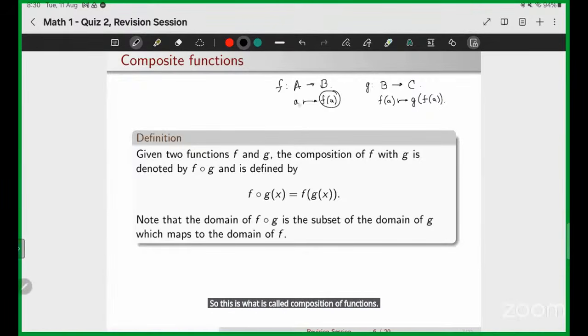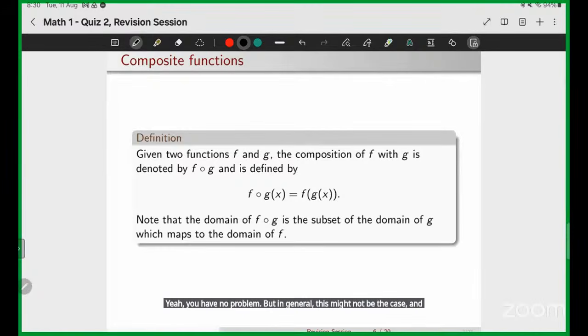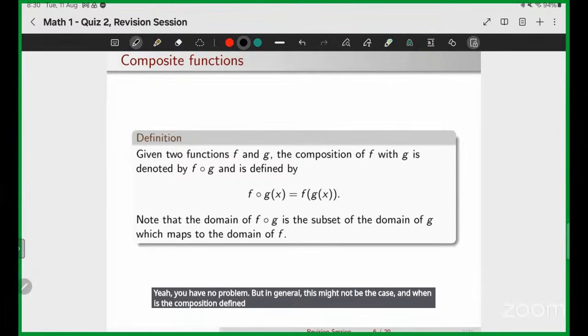Of course, when the codomain of the first function is equal to the domain of the second function, you have no problem. But in general, this might not be the case. And when the composition is defined is an important question to address. So here I've written, given two functions f and g, the composition of f with g.